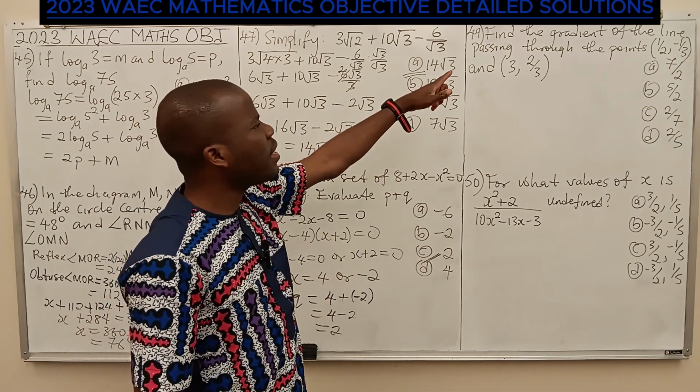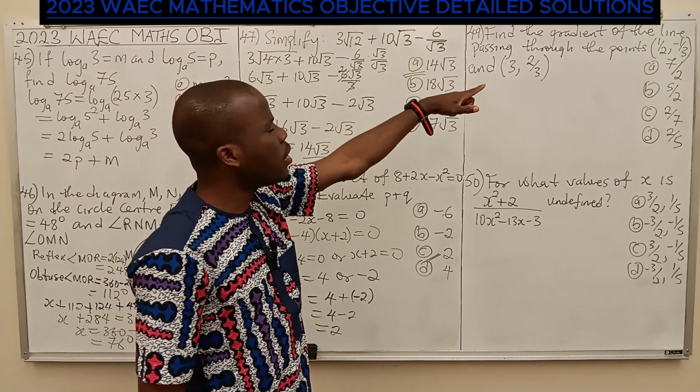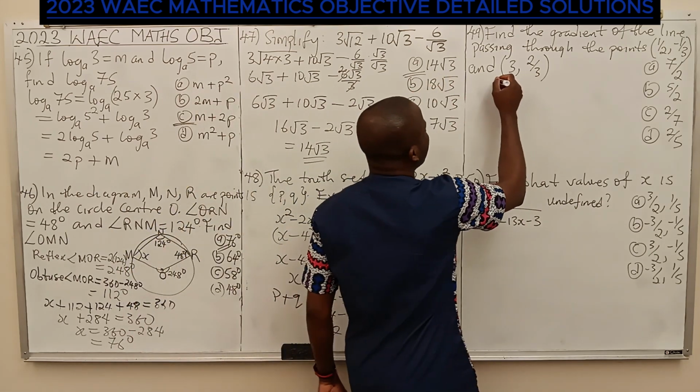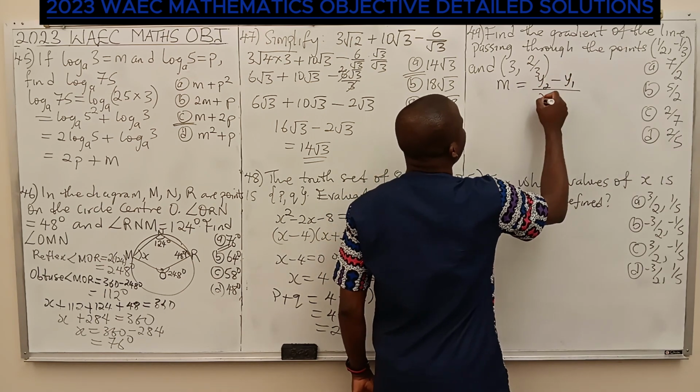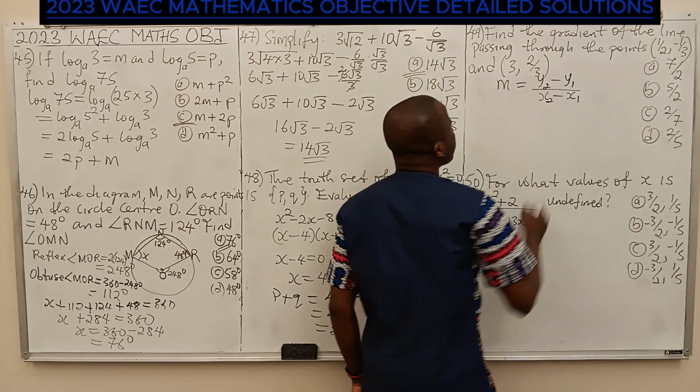Question 49 says, find the gradient of the line passing through the points. By gradient, we know that the formula is y2 minus y1 over x2 minus x1.